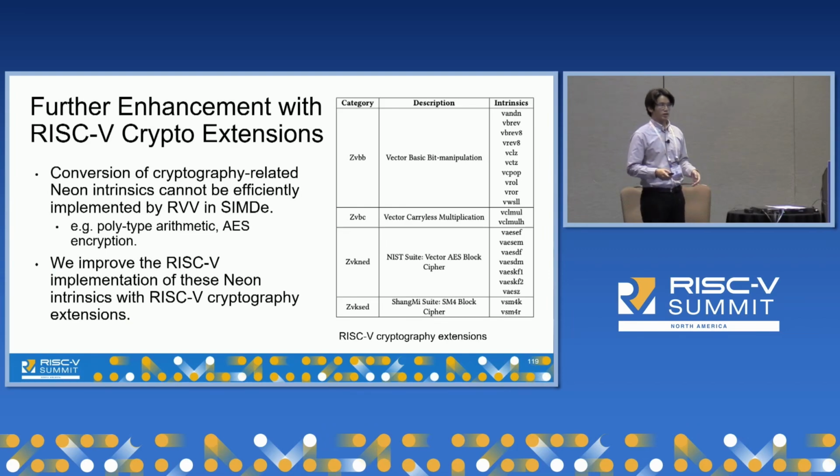When we implemented crypto-related Neon intrinsics using the pure RISC-V vector extension, we found it hard to implement directly because they do not map directly. With the help of the RISC-V crypto extensions, we can more easily implement these Neon intrinsics, for example the polynomial type arithmetic or the AES encryption.